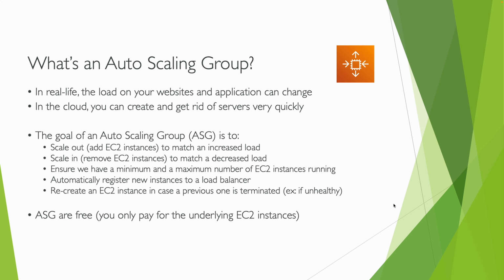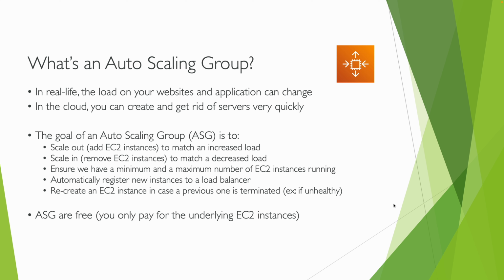Based on your application, you may have a basic knowledge of how many instances need to be running for your application. So you need to ensure a minimum and maximum number of EC2 instances running to keep your application always available without any downtime. Another goal is to automatically register new instances to the load balancer.